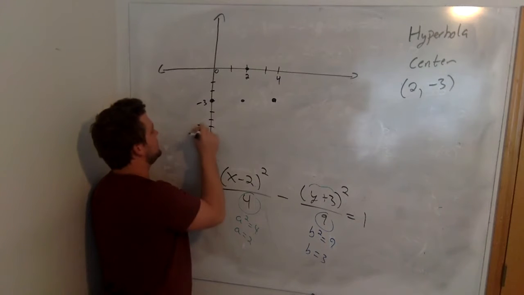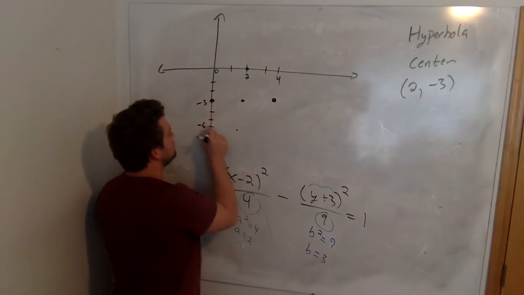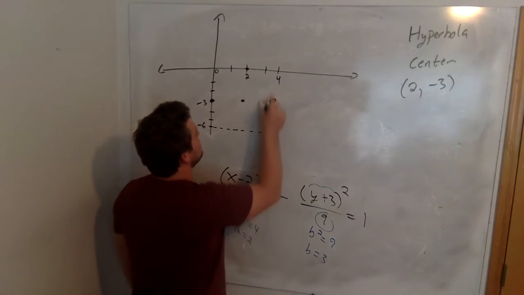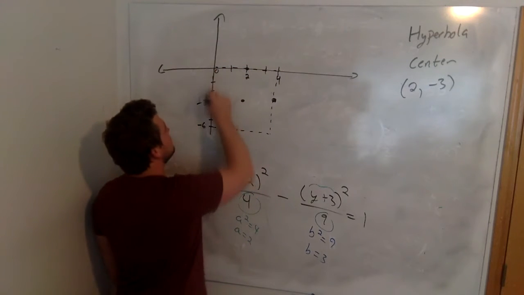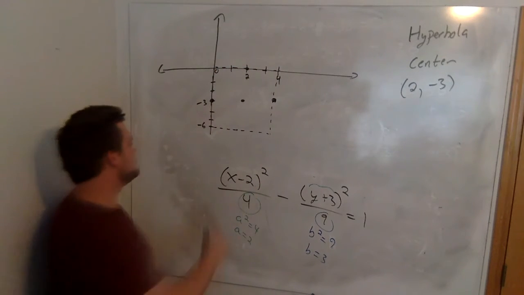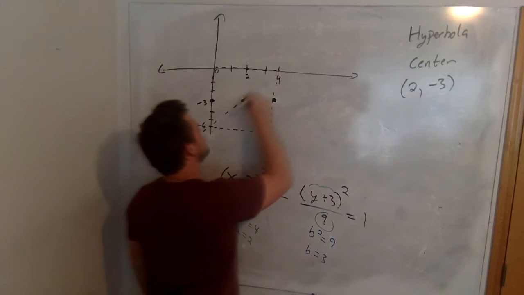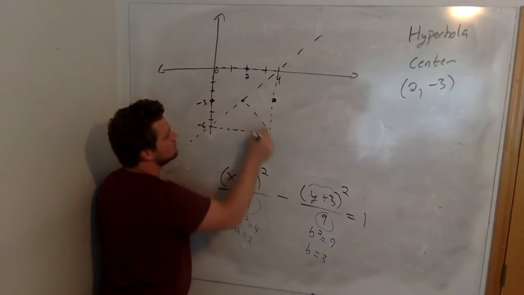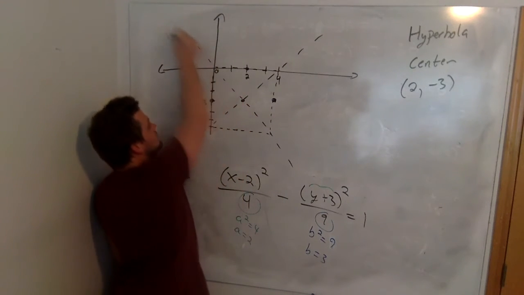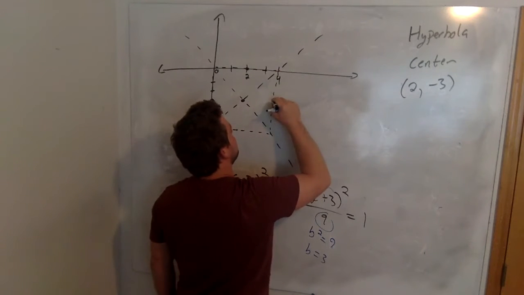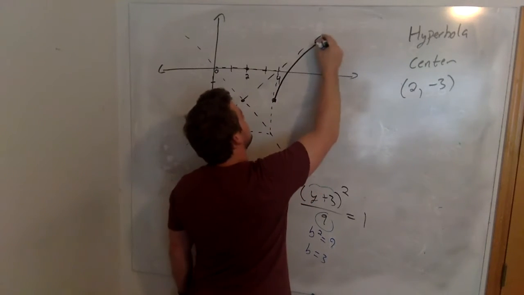So here we'll be at negative 6. And now we can draw our central box. The asymptotes will go through the corners of the central box. And this is where one of our vertices will be.